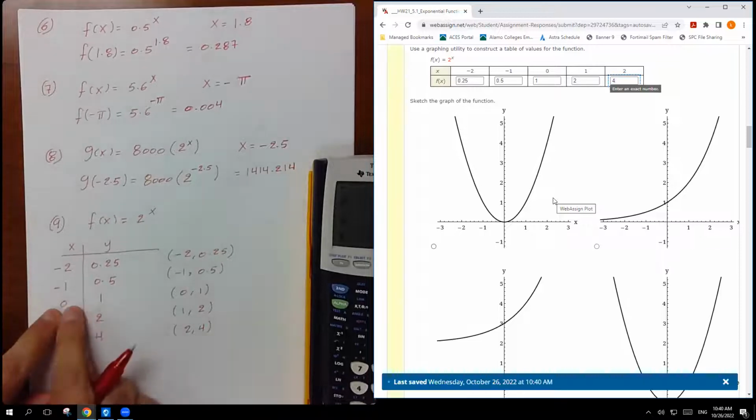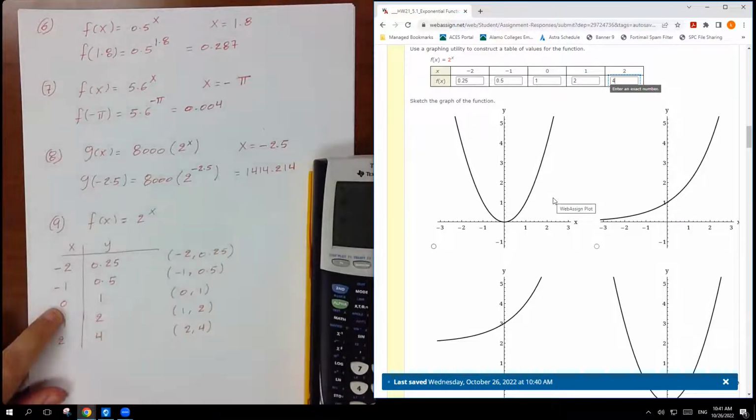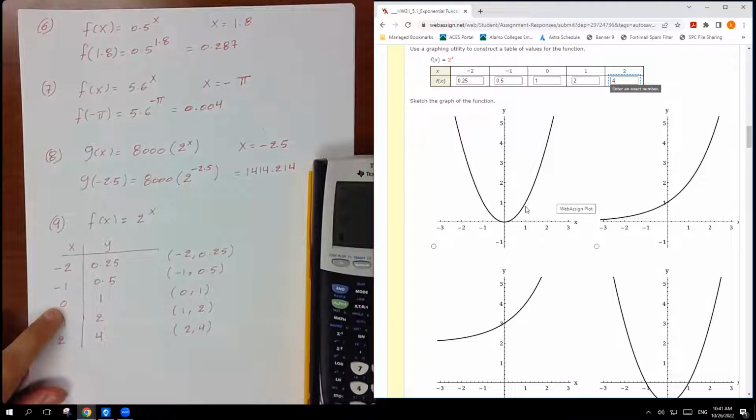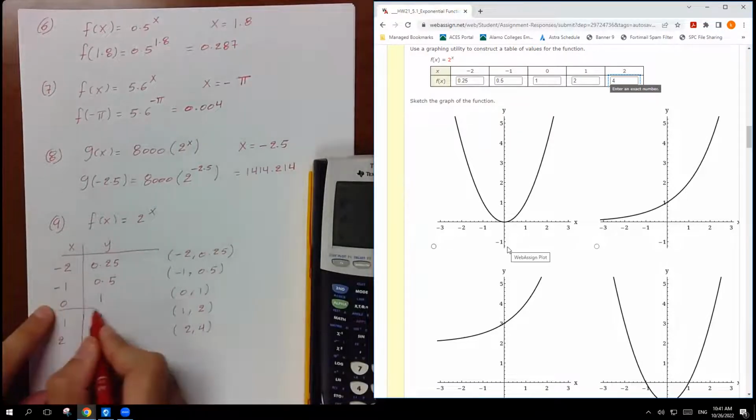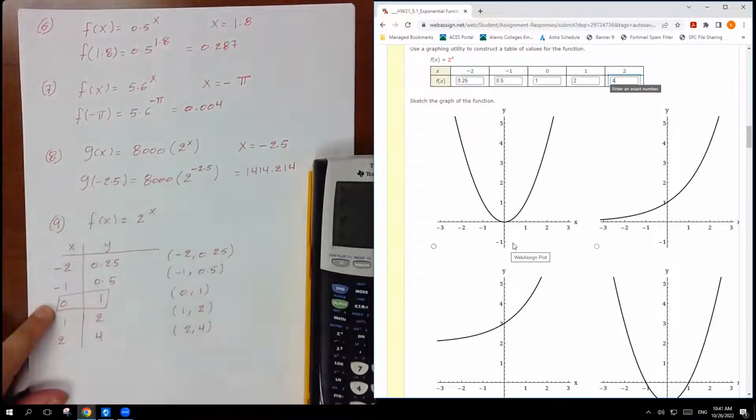This is the y-intercept, 0, 1. So there is no y-intercept here, 0, 1. The y-intercept here is 0, 3. So this is wrong. There is no y-intercept here. The y-intercept here is 0, 0, which is wrong. There is no y-intercept on this graph.